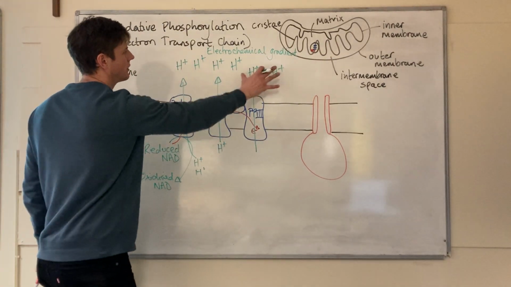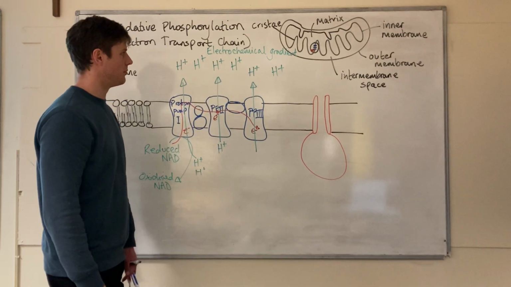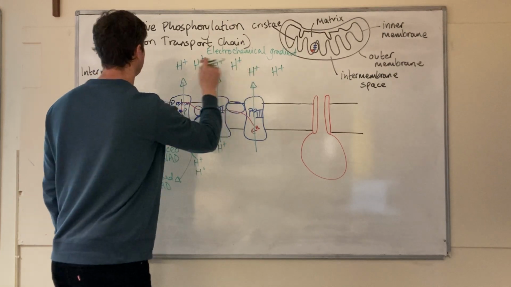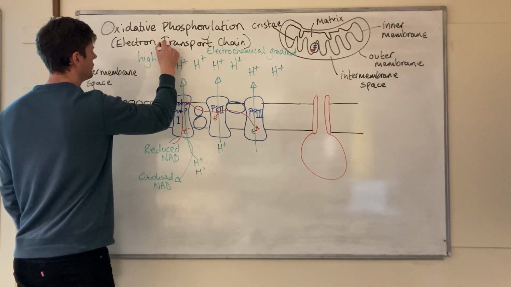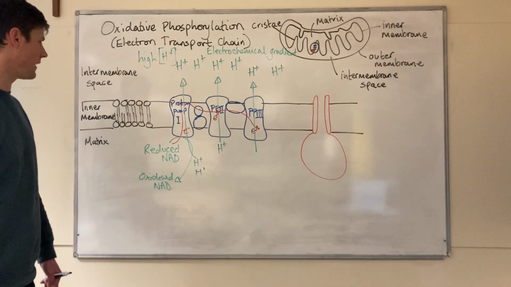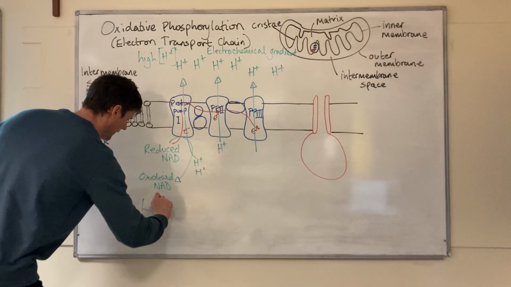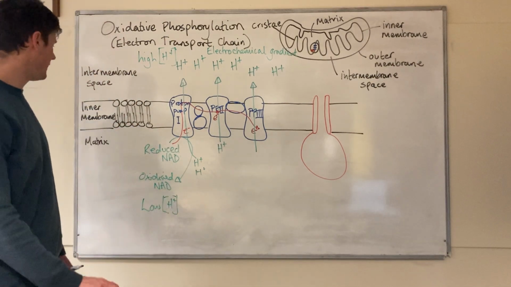Electro because all of these protons have a positive charge, chemical because the protons, and a gradient because there is a higher concentration. So we get this higher concentration of protons in the intermembrane space compared to a lower concentration of protons in the matrix.